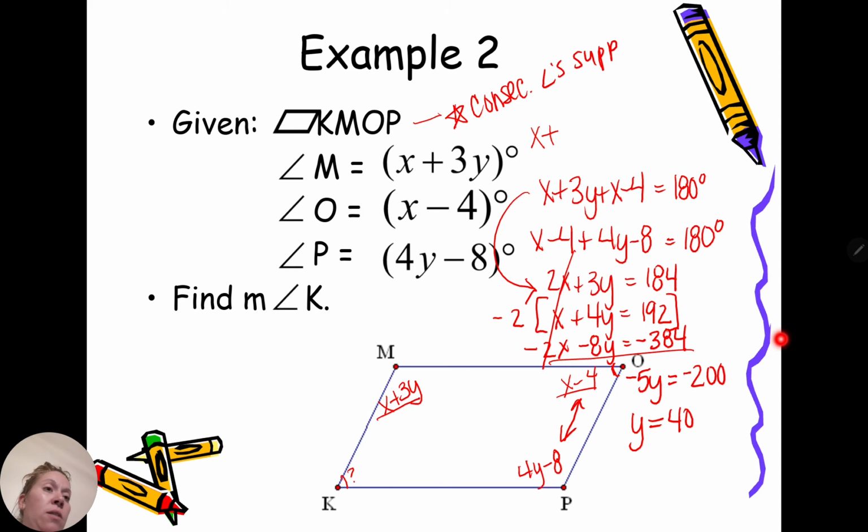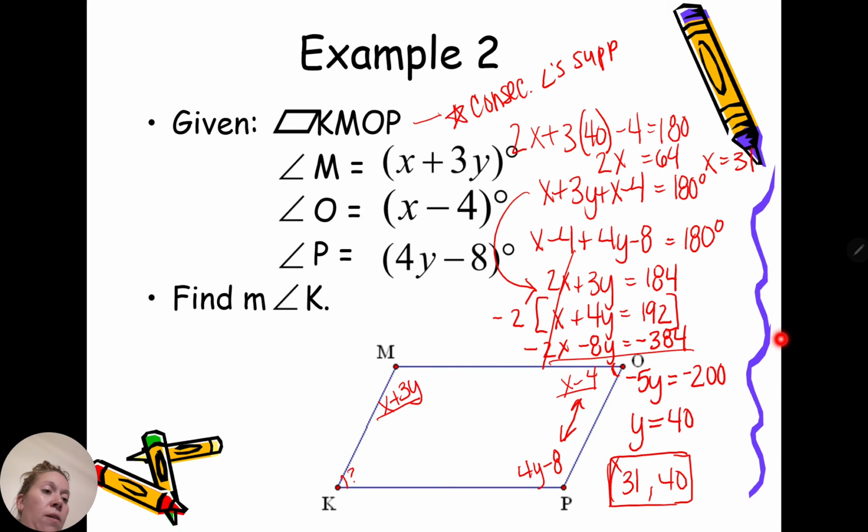So 2x plus 3 times 40 minus 4 equals 180. 3 times 40 is 120. 62, I believe we get on this side, equals 2x. And so x is equal to 31. So we have 31 and 40 for our solutions. x equals 31, y equals 40.